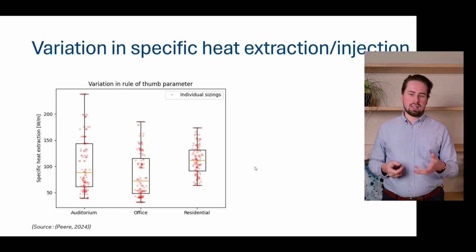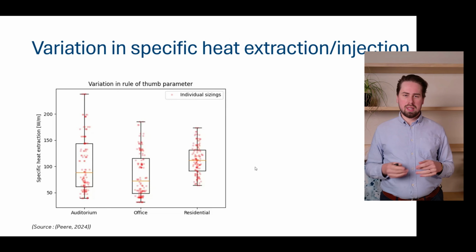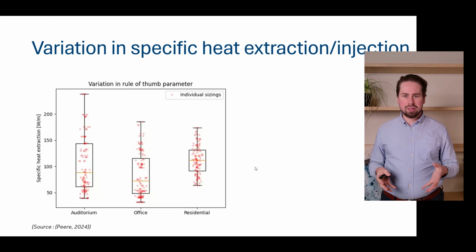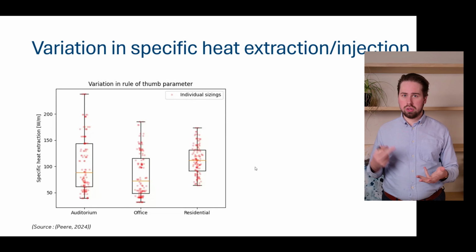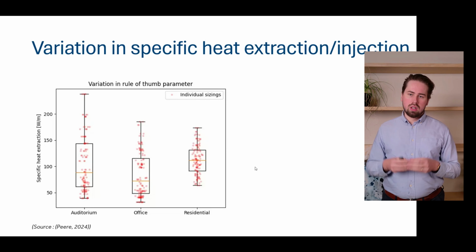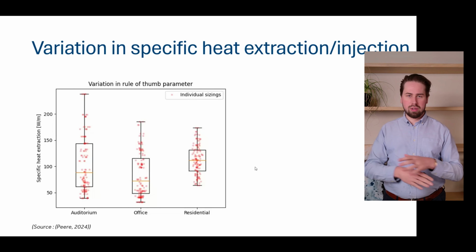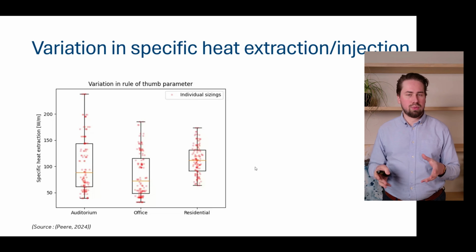And that looks like this. So you can see that your rule of thumb should be somewhere between 40 and 240 watts per meter, depending on geological conditions, design choices, and so forth. So basically, it's just not feasible to end up with one figure that works for every location, every borefield design, and every building. It's just not feasible.